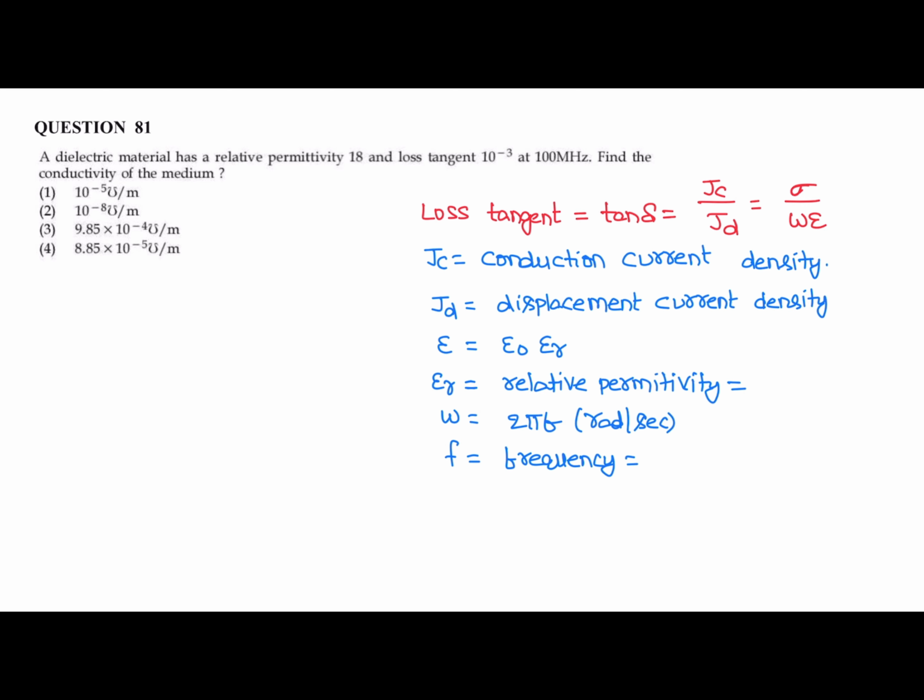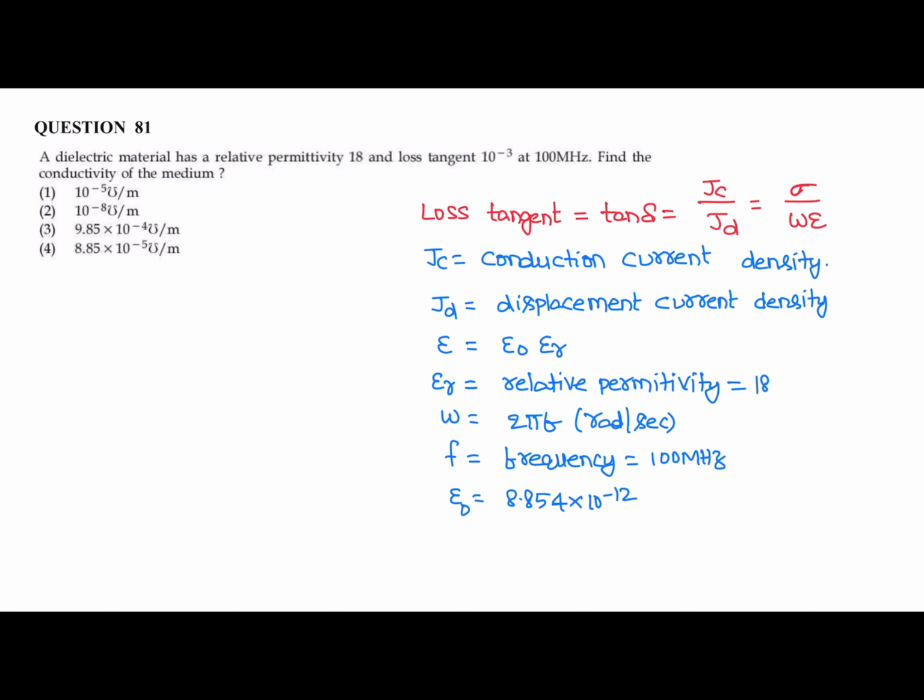It can also be written as sigma by omega epsilon, where omega is 2 pi f, the angular frequency. The given frequency is 100 megahertz and the relative permittivity is 18. We know that epsilon naught is 8.854 into 10 power minus 12.